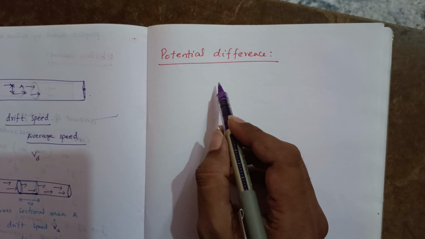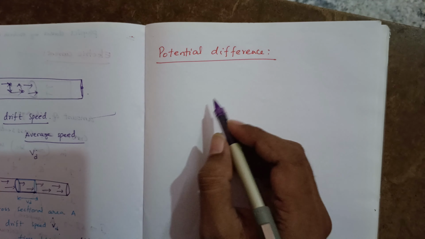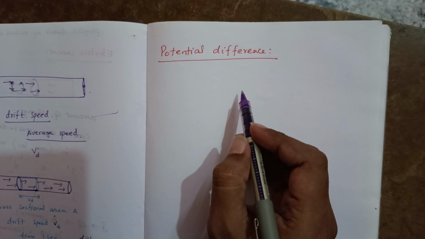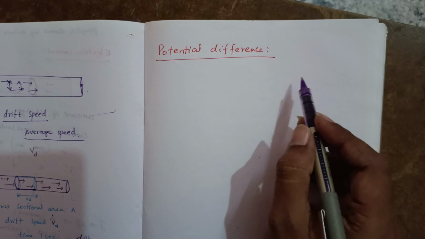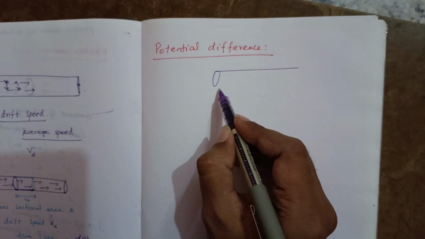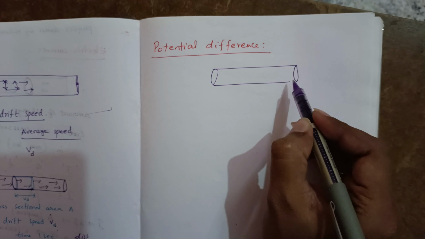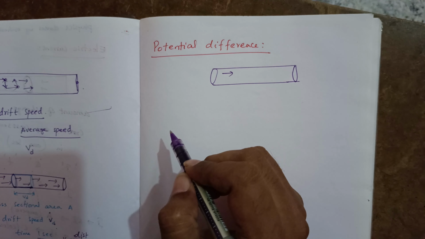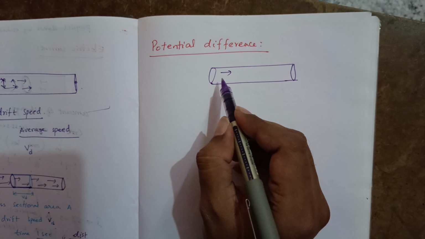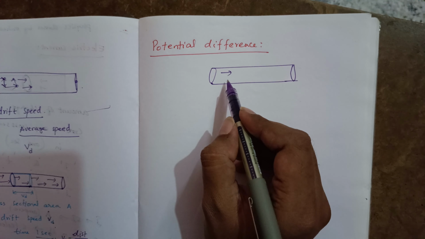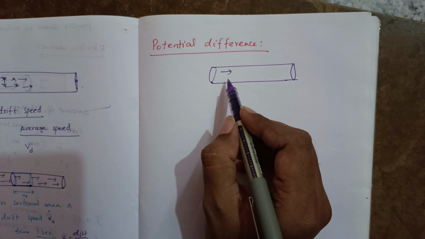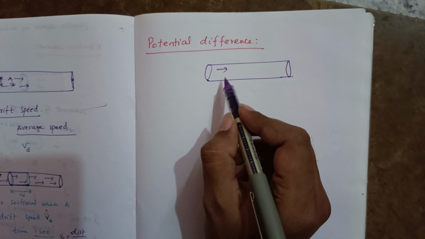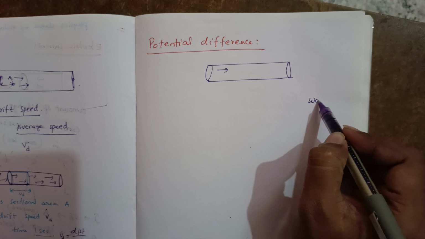Now we'll discuss potential difference. We have seen that an electric force acts on the electrons to move in a specified direction. Whenever a force acts on any object, it causes displacement, and we can say work is done.